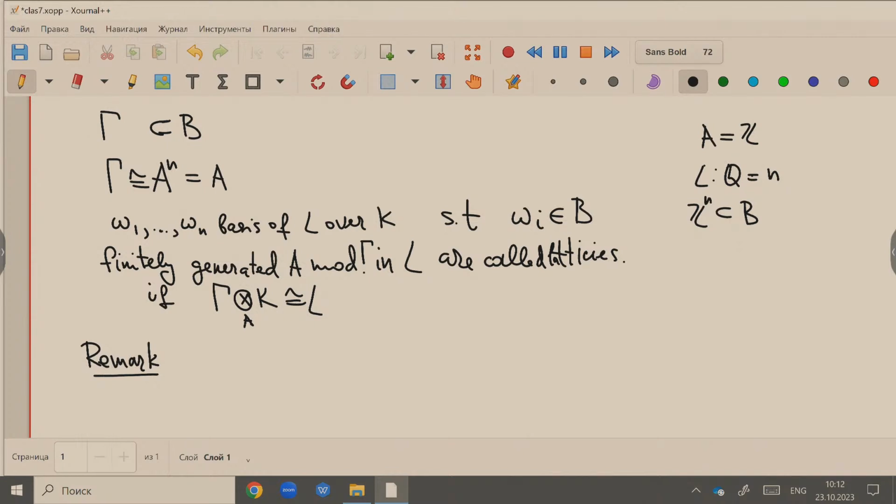For example, for Z, if A is a local ring, so A is equal to Z, or A is a local ring, or more generally, A is a principal ideal domain.